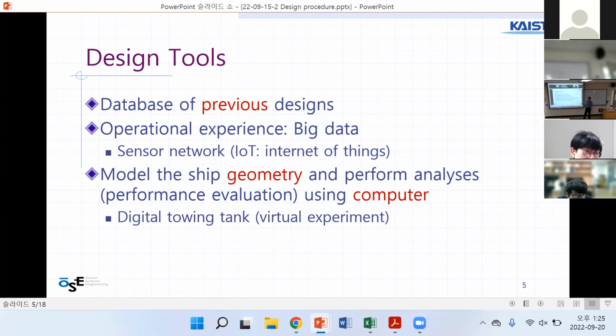Modeling the ship geometry and performing analysis using computational tools, FEM and CFD, that kind of thing is computer simulation. And nowadays, digital twinning, virtual experience. I told you that there is a 200 meter swimming pool, 300 meter indoor swimming pool nearby.